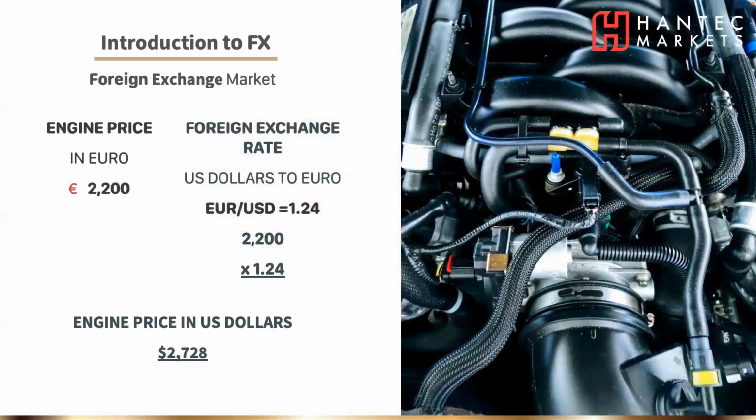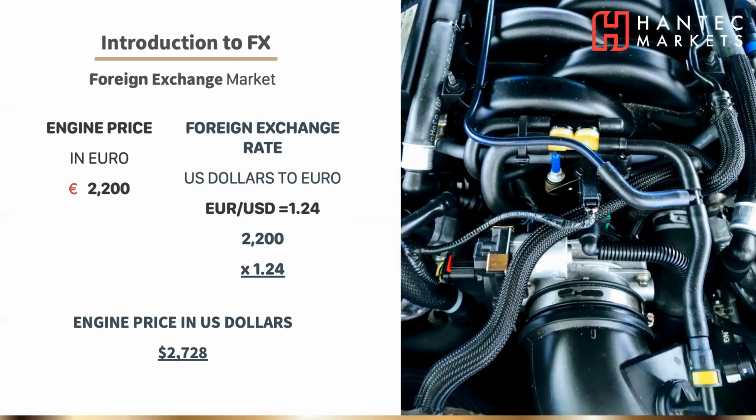So continuing, the engine has its price in euros. That engine price in euros is 2,200 euros. But what I know is that there's an exchange rate. So my dollar to his euro, as you can see, has an exchange rate of 1.24. So for every $1 I own, it's equivalent to 1.24 euros.